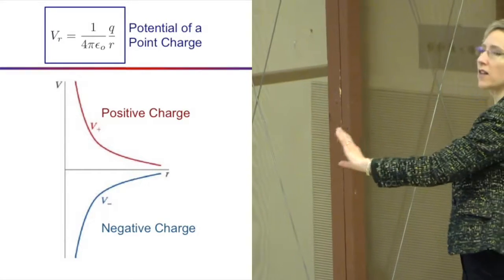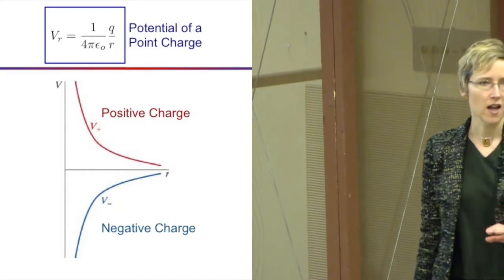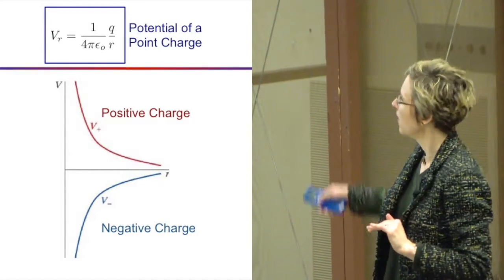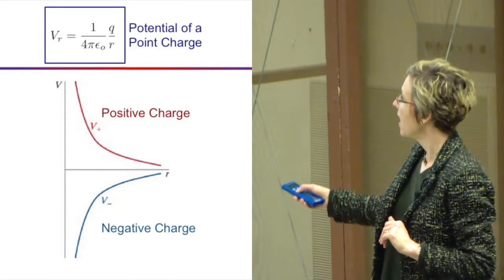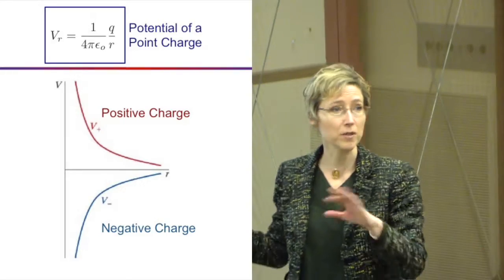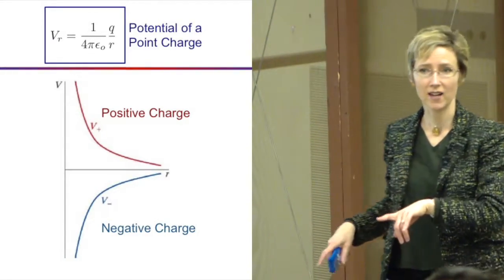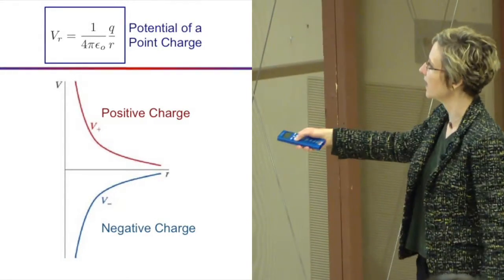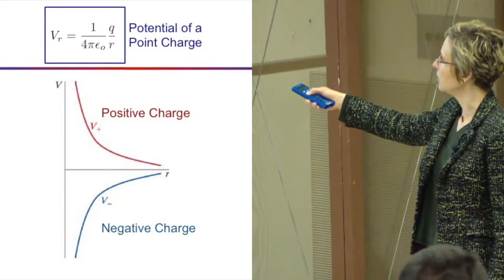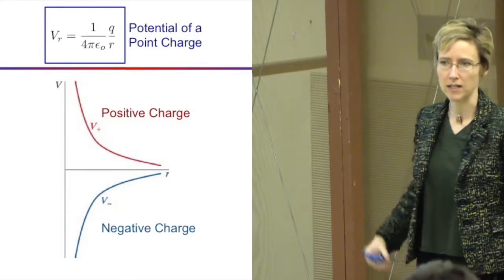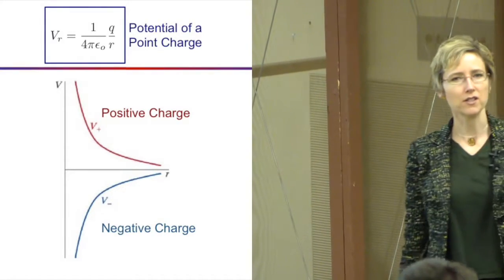And as I go infinitely far from that point charge, the potential goes to 0. And then as I come back, it blows up like 1 over r. Now, if I had a negative charge, I simply draw the same graph but put it on the negative side of the axis, flip it over, and make it negative. So for a negative point charge, it looks like this. And again, it extrapolates out to 0 at infinite separation. Do you have any questions about that?